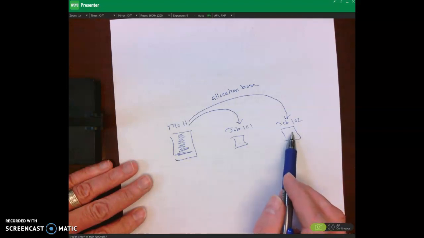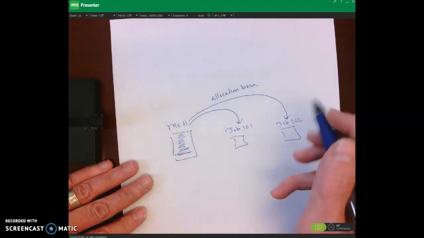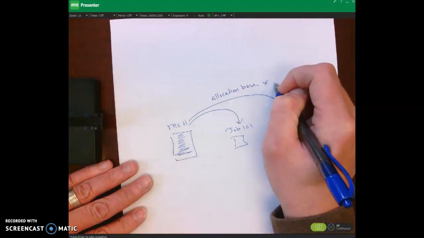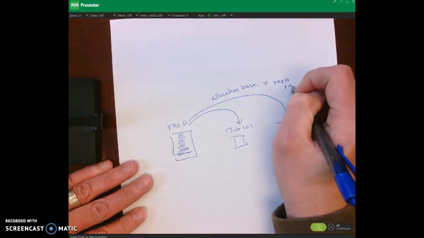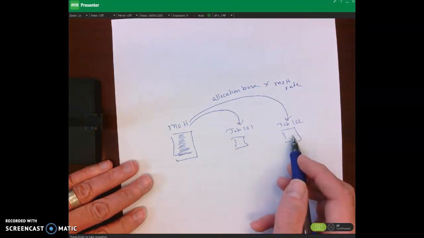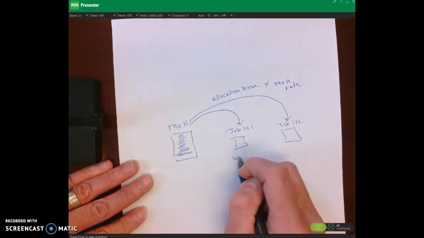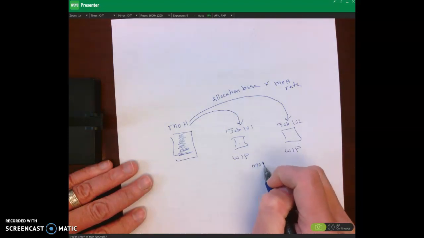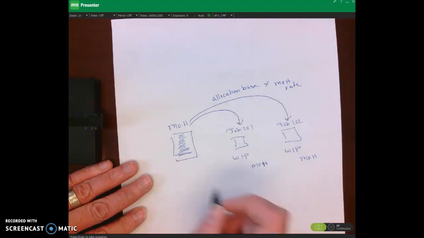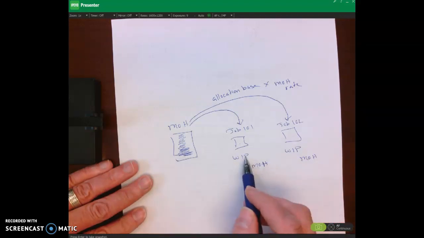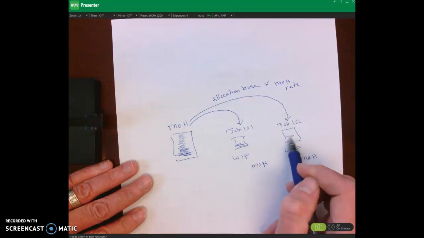How much did job 102 use? Then we multiply that allocation base times our manufacturing overhead rate, and that's how much goes into job 101 and job 102. In terms of the journal entries, we debit WIP, work in process. That's where we apply it. And then we credit manufacturing overhead. Crediting manufacturing overhead reduces how much is in the bucket here, and debiting WIP moves some of it over here.